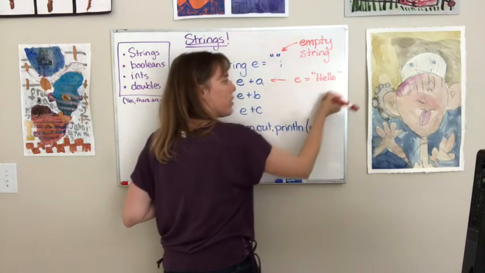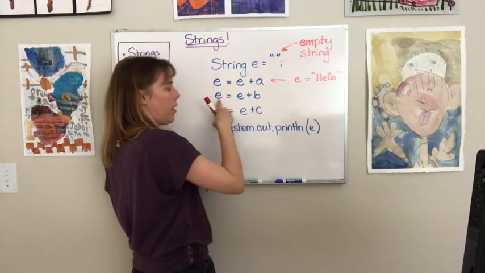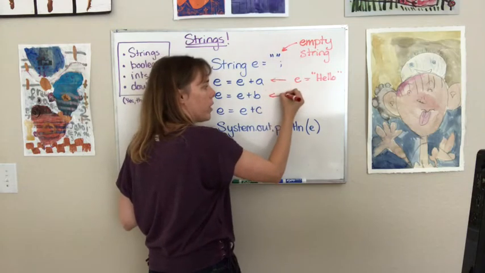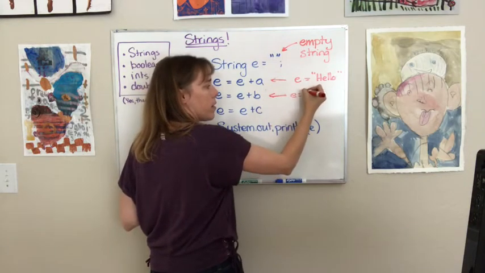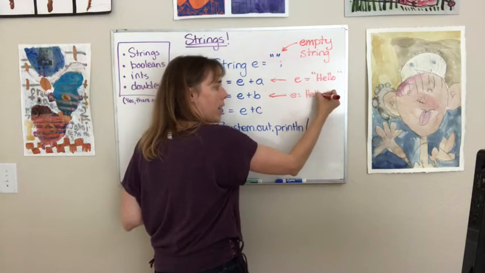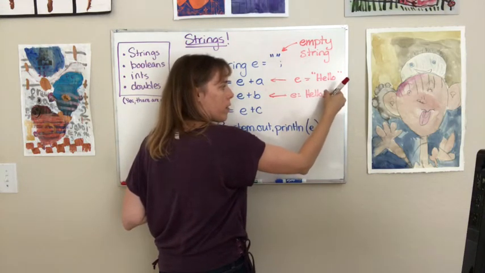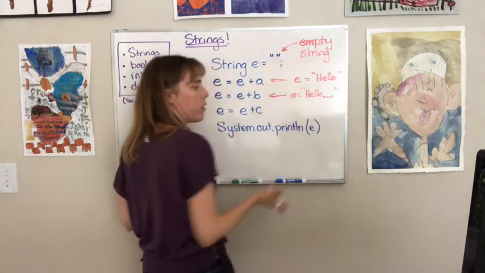Now in the next line, I let E get E plus B. Well, my current E is hello, and to that I'm going to add a space. Okay.